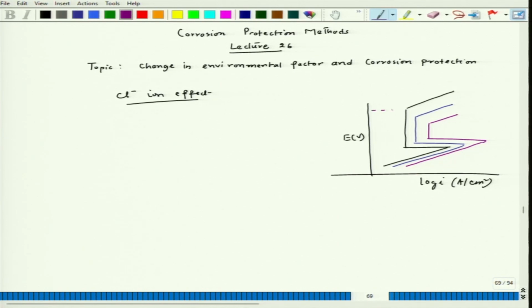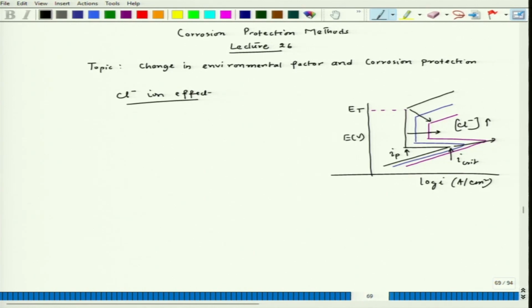So, this potential corresponds to ET, the transpassive potential. This point is I passive, this point is I critical. So, I critical goes up, I passive increases, and transpassive potential decreases as we increase chloride ion concentration. So, that was the observation.